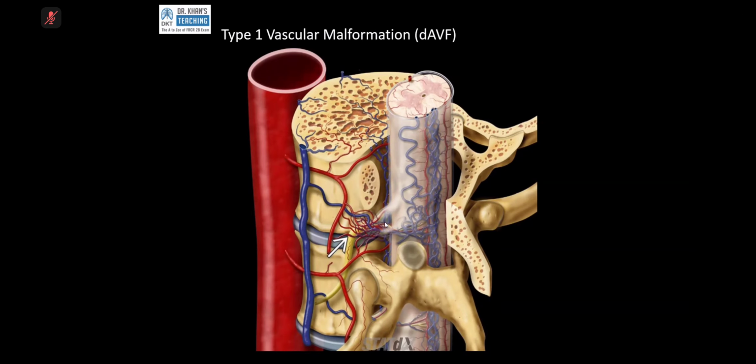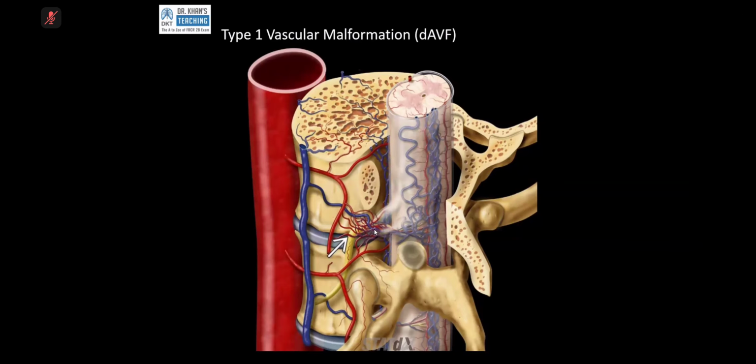The concept is that there is a fistula at the level of the dura, and dural AV fistula means the arteriovenous fistula. So what is happening is that because of this, there is high pressure coming into the veins. Now, these veins are also indirectly coming from the cord, from the pial surface of the cord.